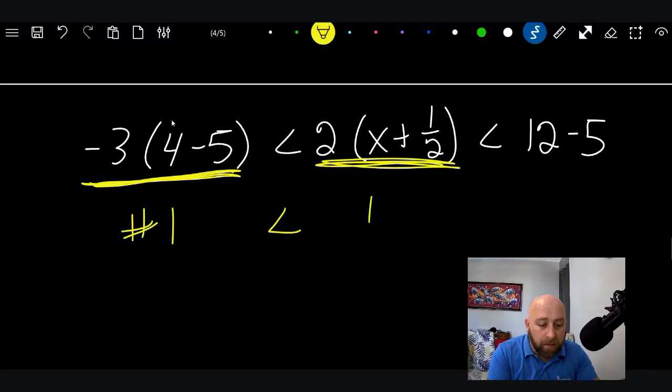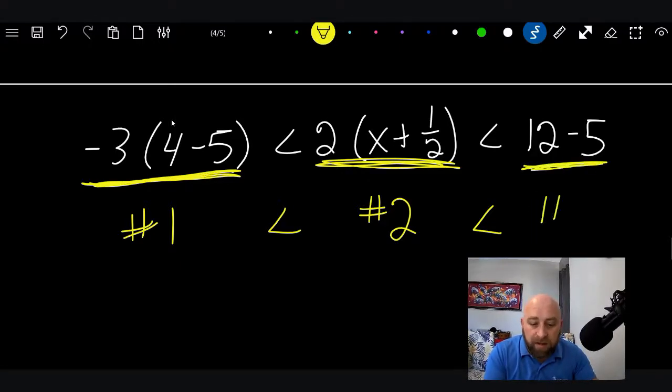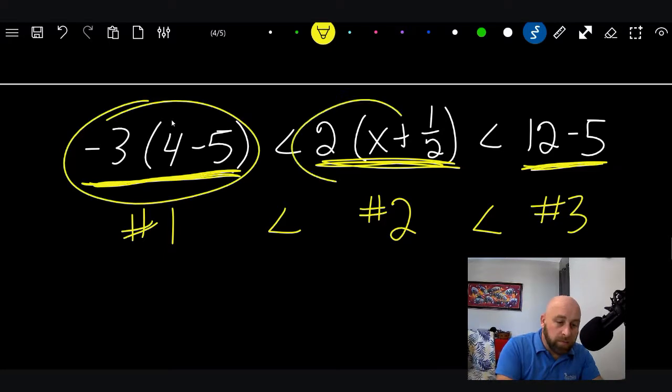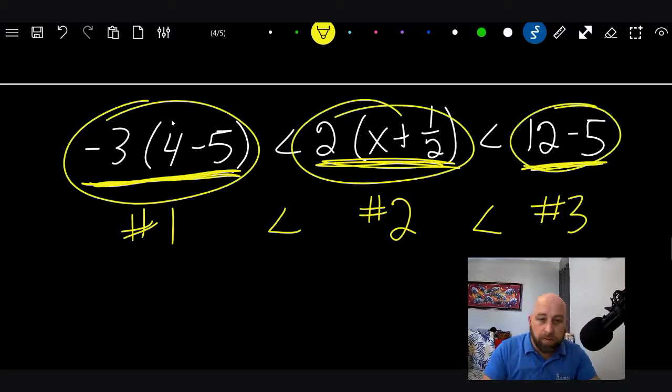We have part number two. And then we have another greater than or less than sign. In this case, it's another less than. And then we're going to have another piece here. This 12 minus 5 is going to be piece number 3. So there are three parts to this. Part 1, part 2, and part 3.